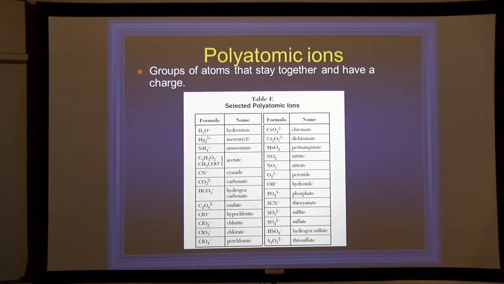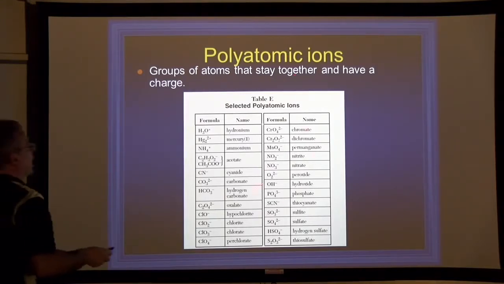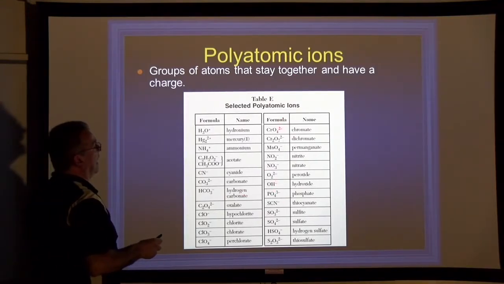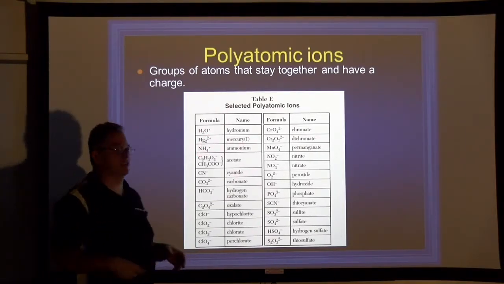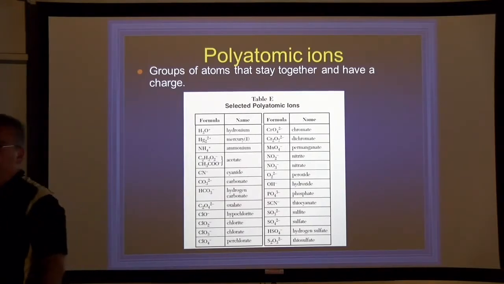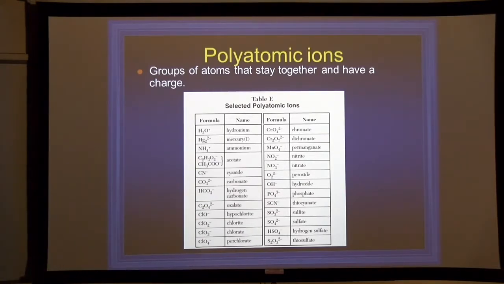So the combination of these metal, nonmetal, or nonmetal, nonmetal created these polyatomic ions that have negative charges, and there's some positive ones too, like ammonium. There he is. You don't have to memorize it. That's what's neat about the Regents. There's very minimal memorization. It's all about understanding.